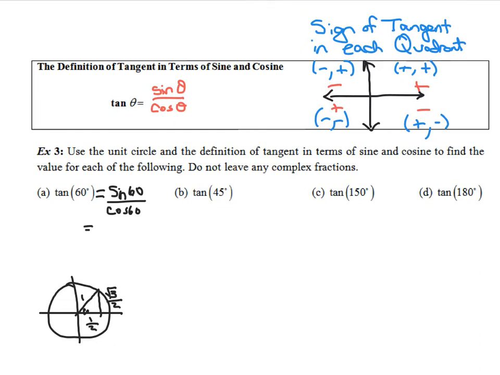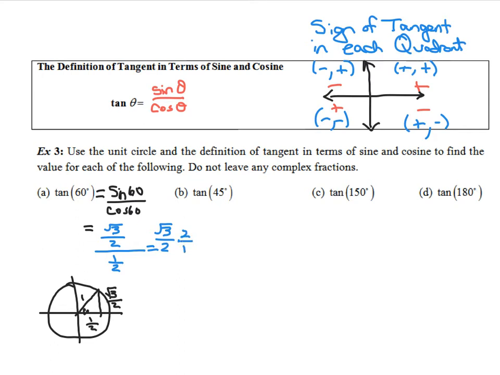So I know that my answer for sine is going to be my y-coordinate. So I'm going to use radical 3 over 2. But I have to divide that by cosine of 60, which is 1/2. Well, when I have a fraction divided by a fraction, all I'm going to do is take radical 3 over 2 and multiply by the reciprocal, 2 over 1.